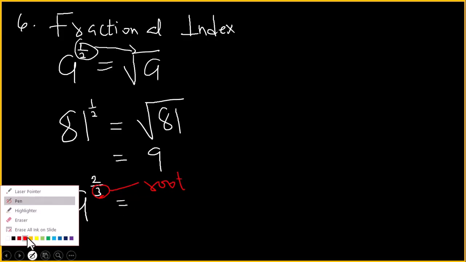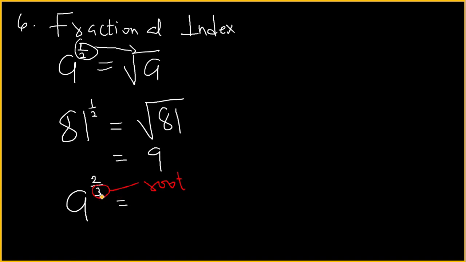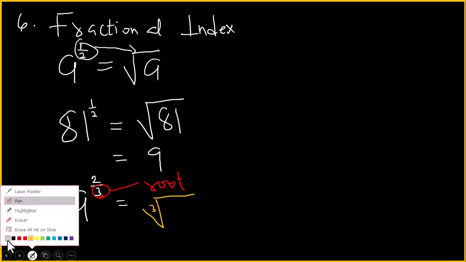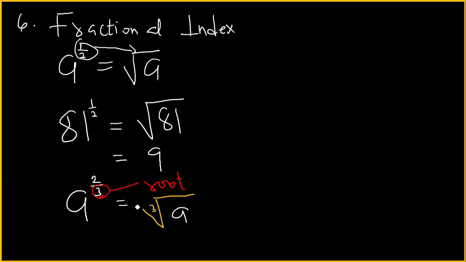So in this case, we have 3 as our root, and then it becomes the cube root of a, all multiplied by the numerator 2.